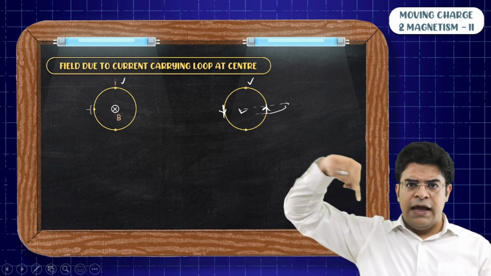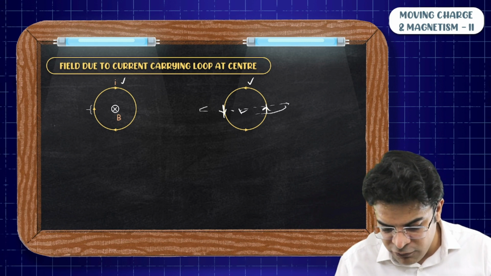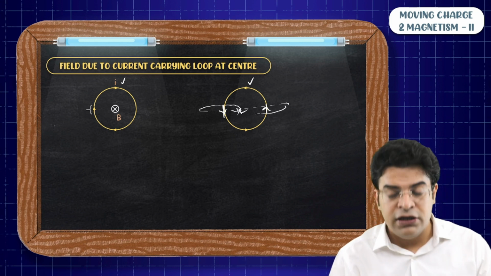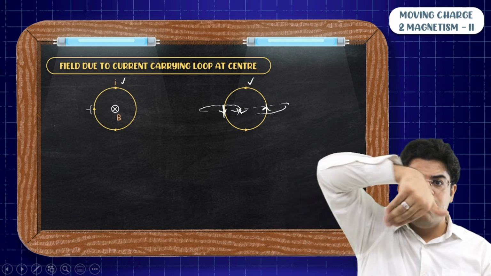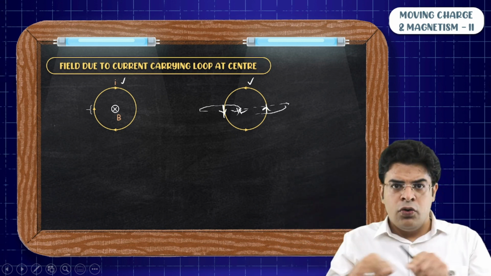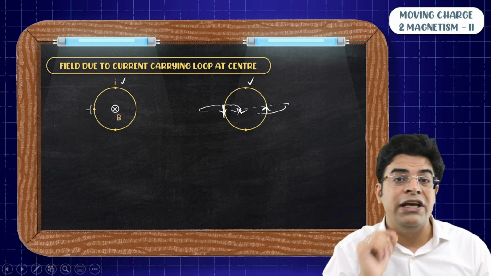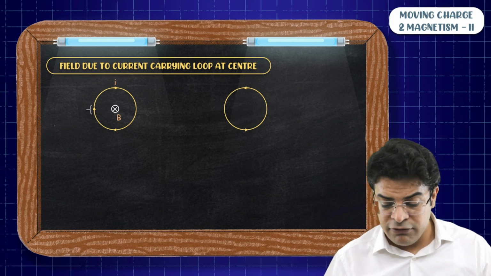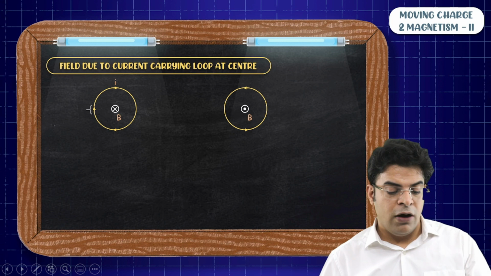So magnetic field lines will be circular loops around this element. So when you visualize the magnetic field line due to this element, again the direction of magnetic field is outward. So similarly, due to each and every element on this circular loop, the direction of magnetic field at the center is going to be outward. Hence, if the current in the loop is anti-clockwise, the direction of magnetic field will be outward.